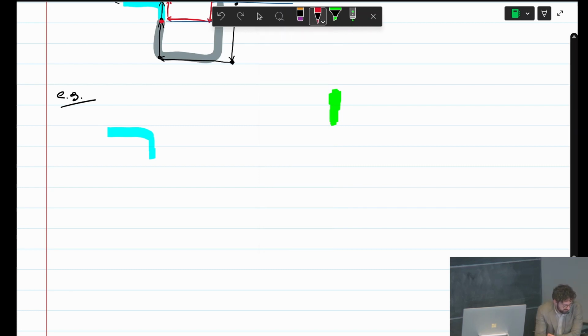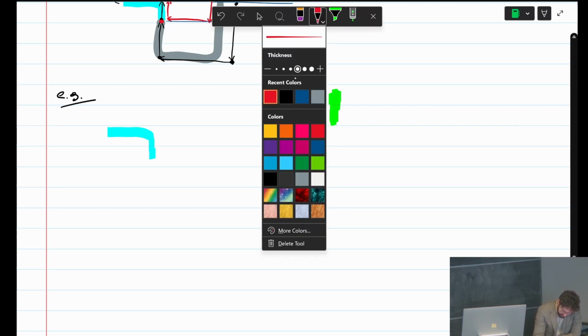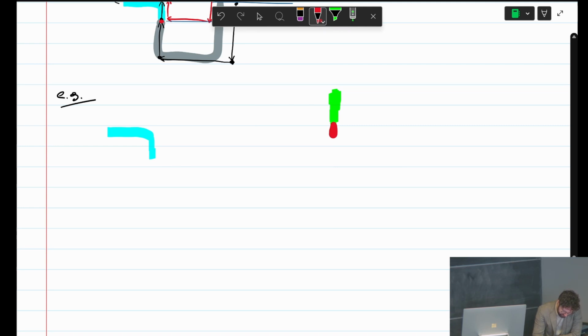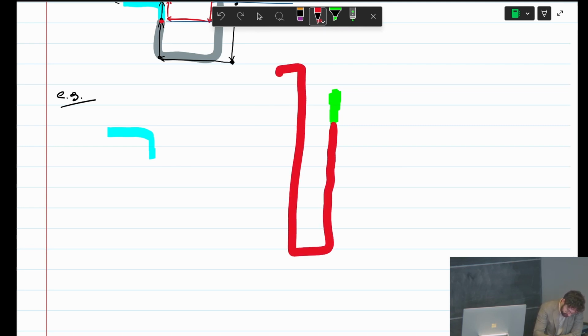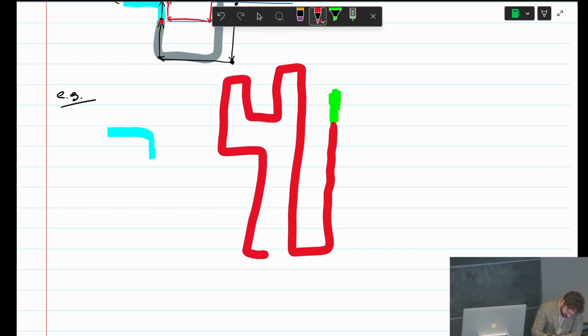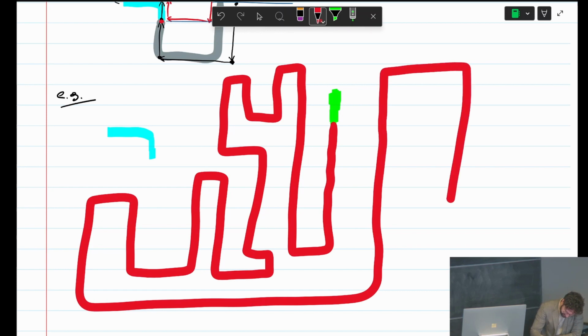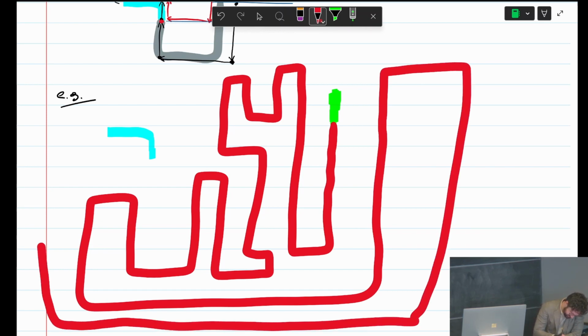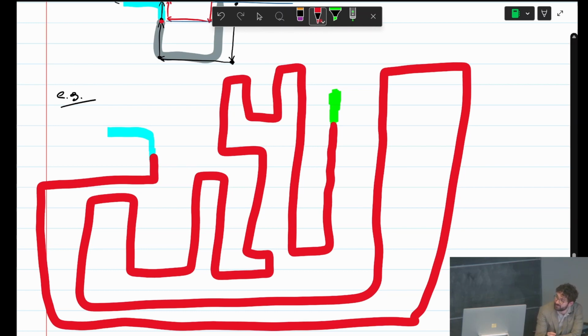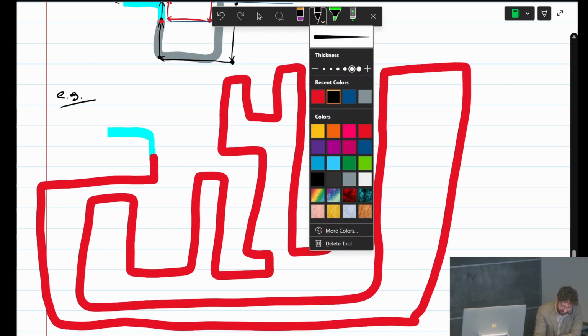And these fluids are connected by some red fluid that does this. All that matters is the height difference.